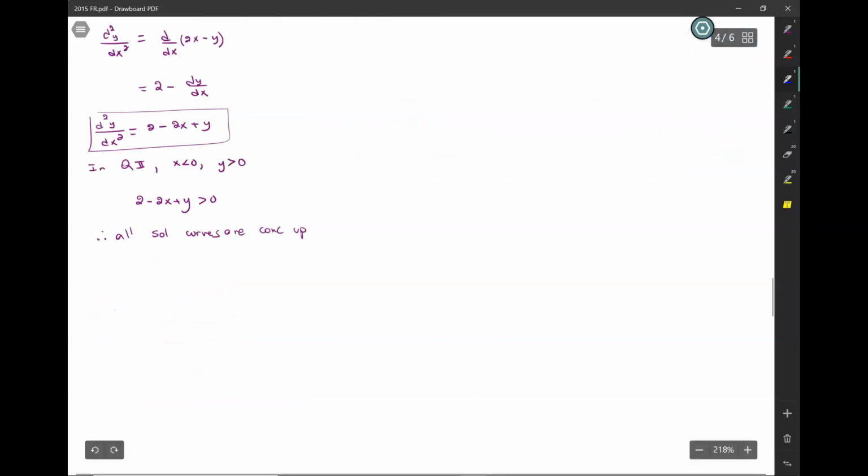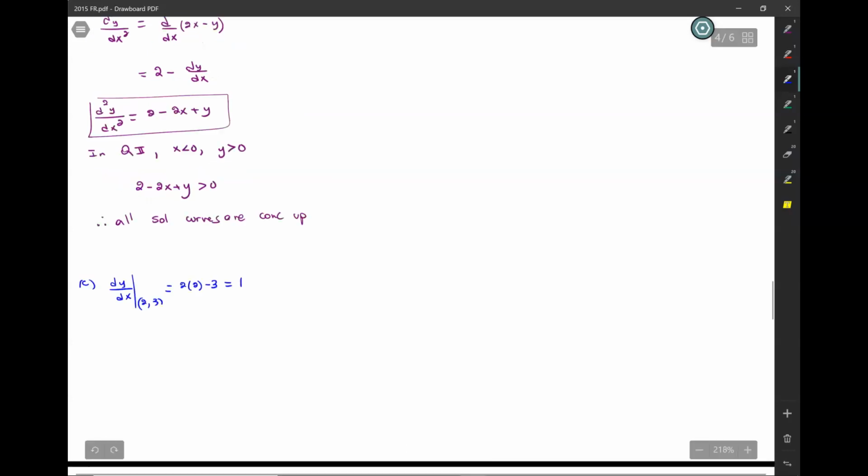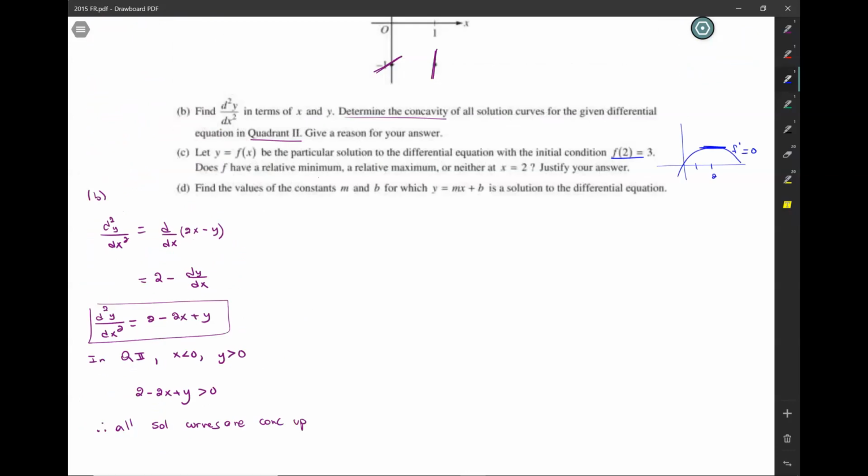Okay, so let's see, part C. f prime, meaning dy/dx, evaluated at (2, 3), is 2 times 2 minus 3, which is 1. Since at that point the slope is 1, it's just increasing at that point.